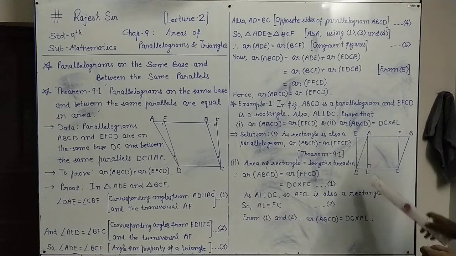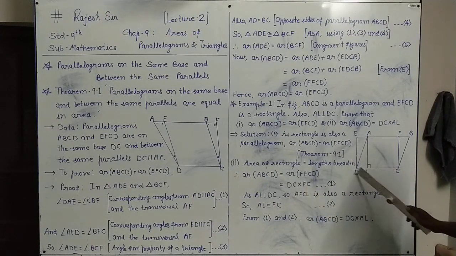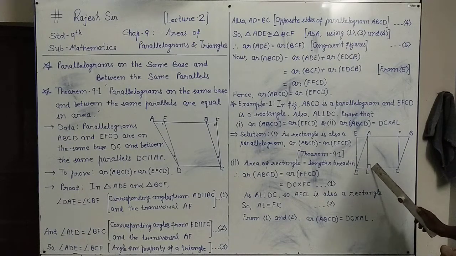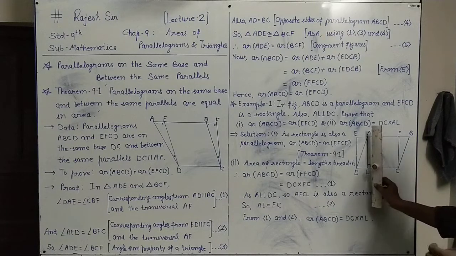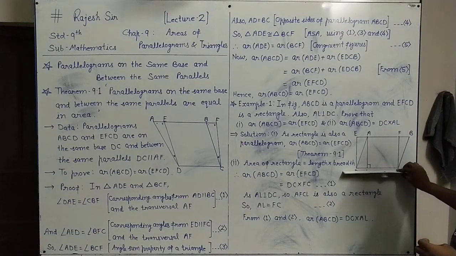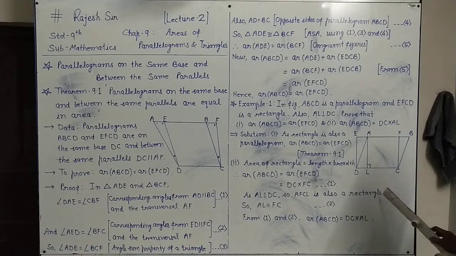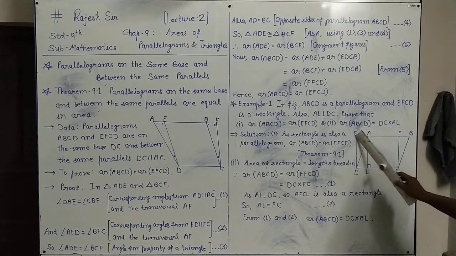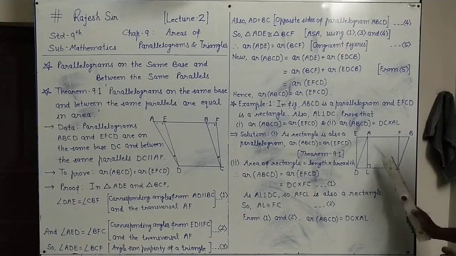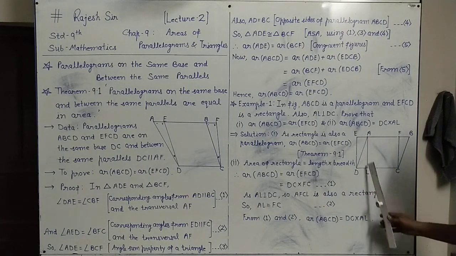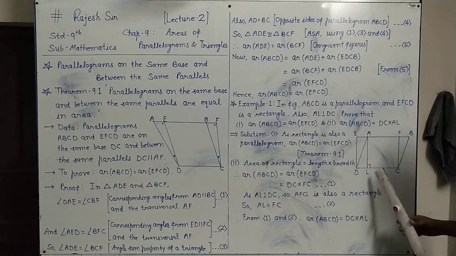Also, as AL is perpendicular to DC, the angle here will be 90 degrees. So AL and FC are also perpendicular to DC, so AFCL is also a rectangle, because it has one angle of 90 degrees in a parallelogram.